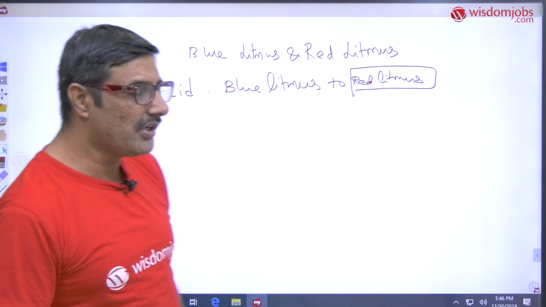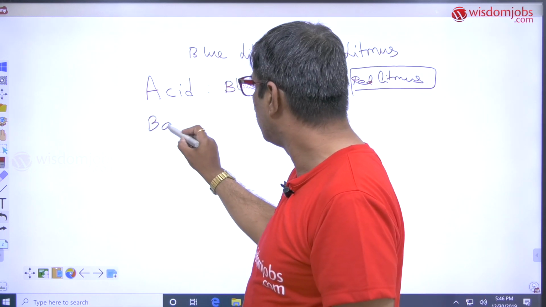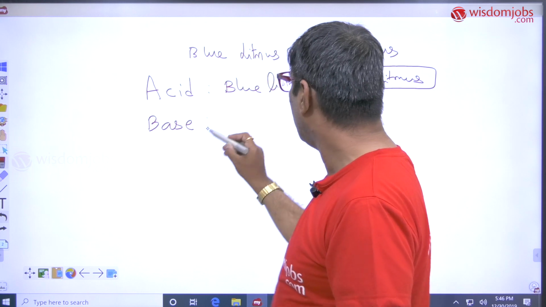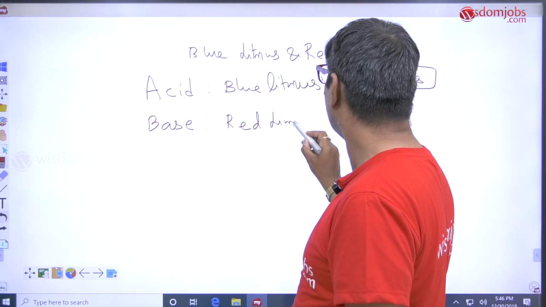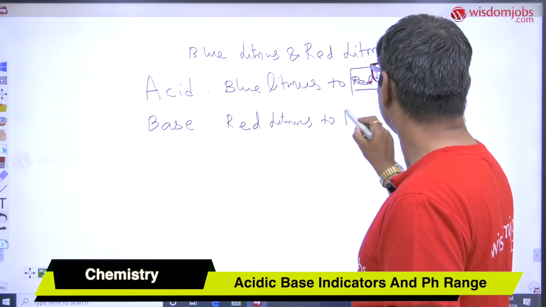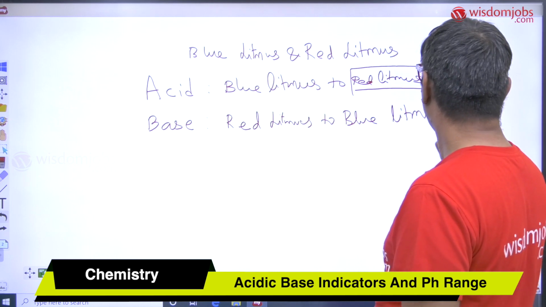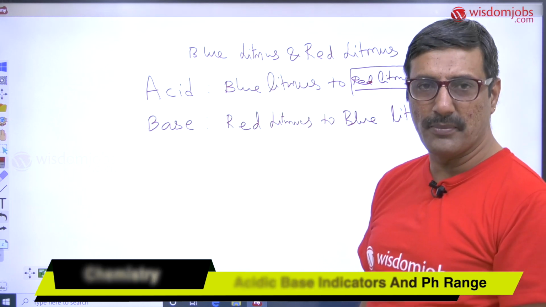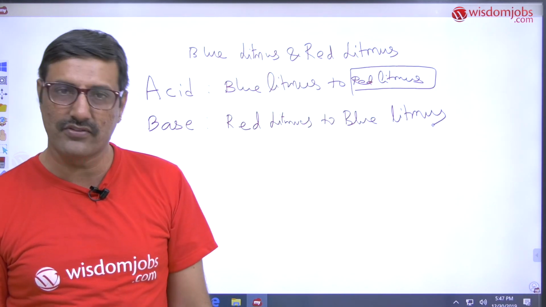Now coming to base, a base converts red litmus to blue. Take a red litmus paper and dip it in a solution of a base.